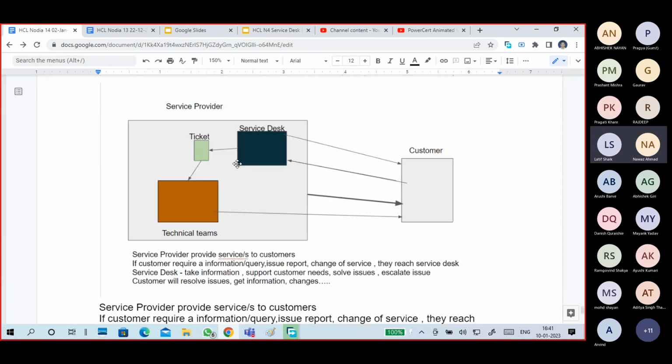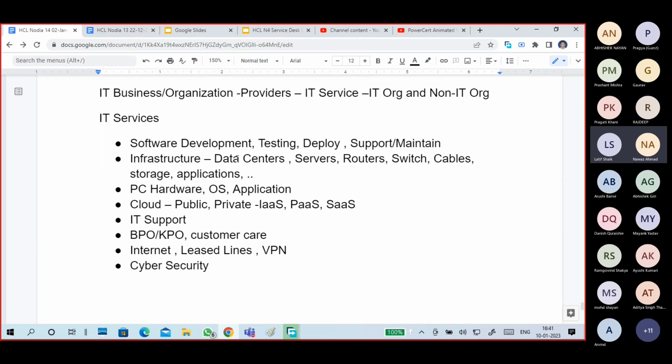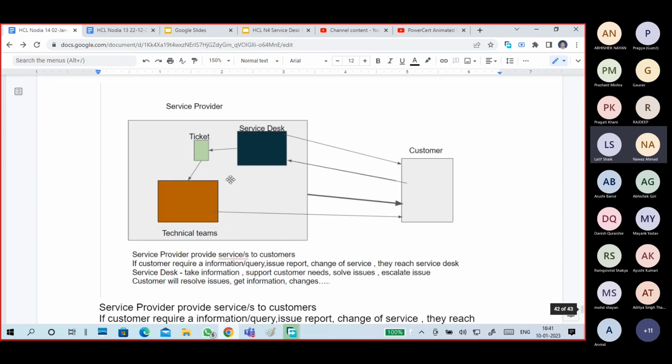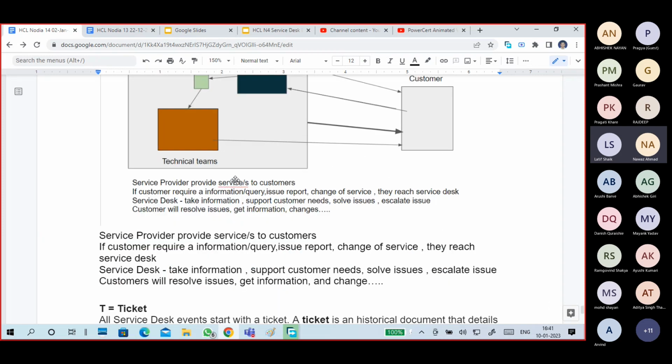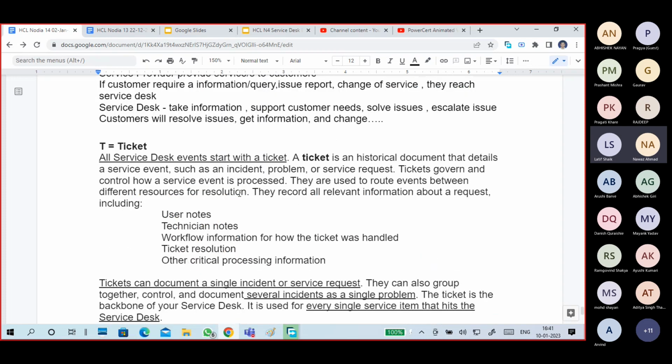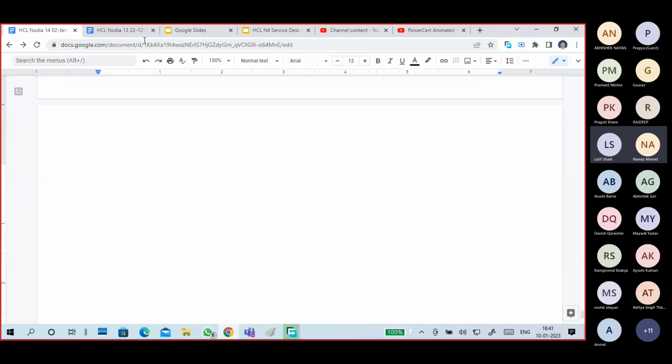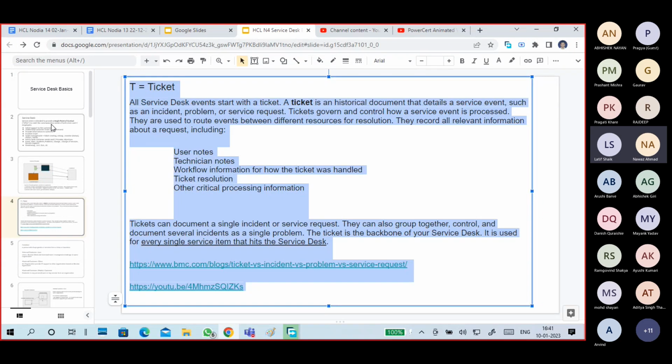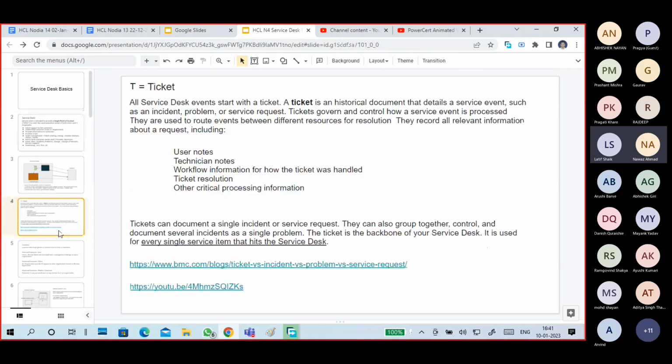Okay, so what are the things I told? I told about IT services, IT businesses, the service provider, the customer, and the ticket. Now I will tell another point, then come back to the starting point. What is the service desk?